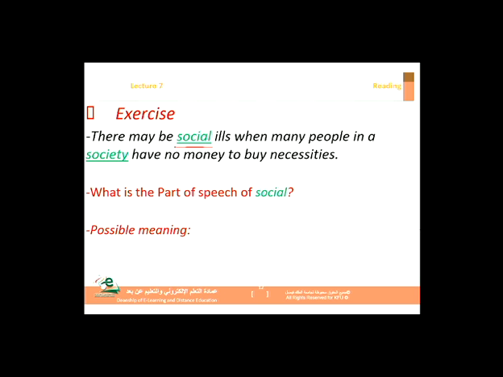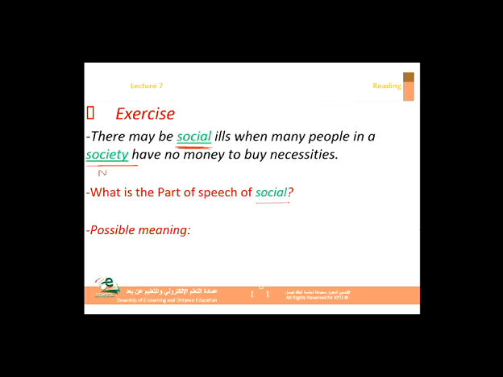And what does it mean? We continue reading, and then we find society. Or maybe you already know the word society. So you think, all right, society here is a noun. Social must be the adjective of that noun. All right? So it's an adjective.